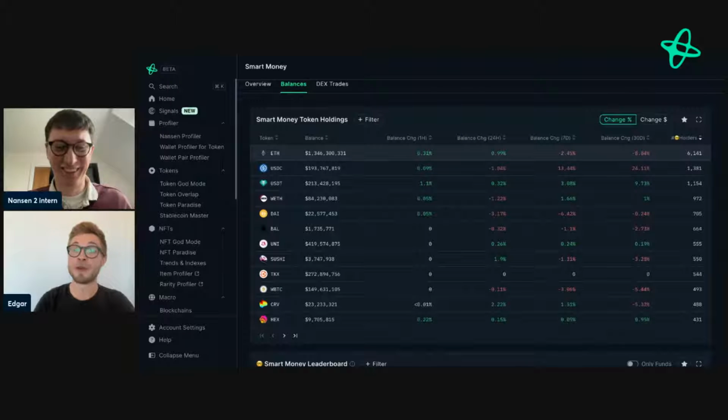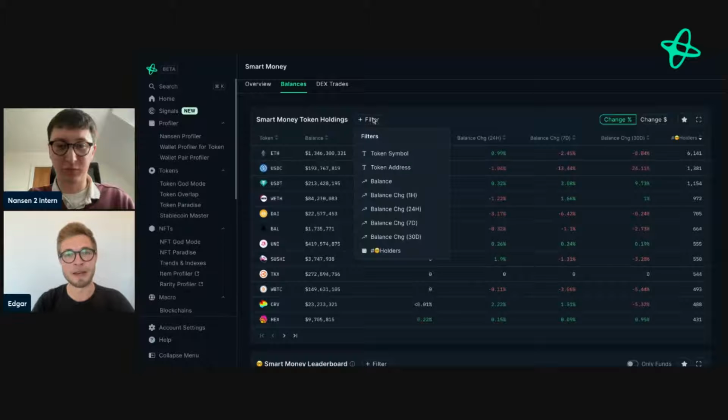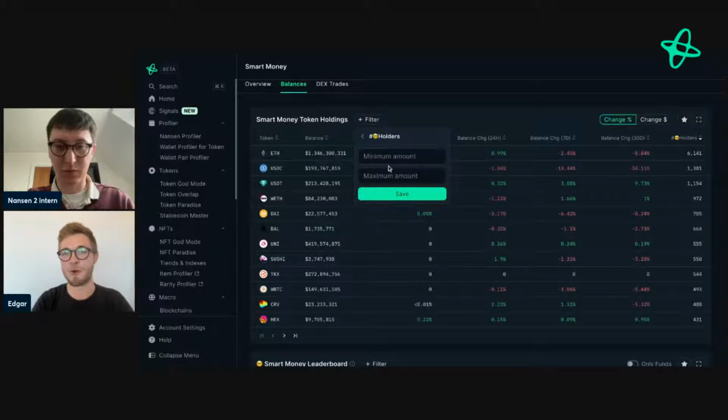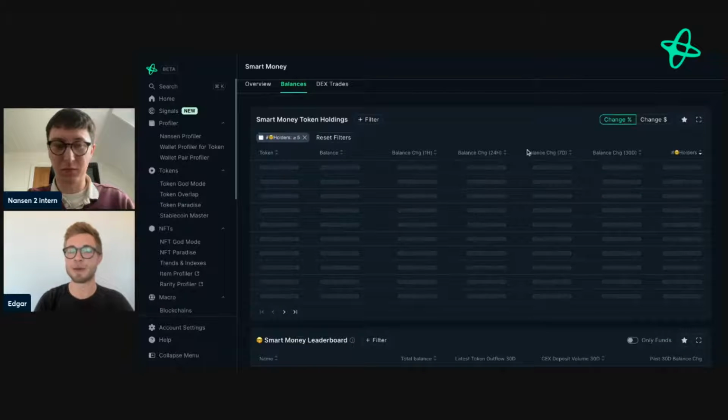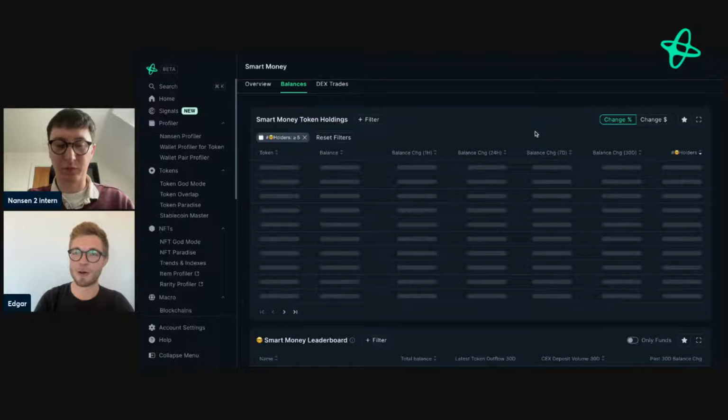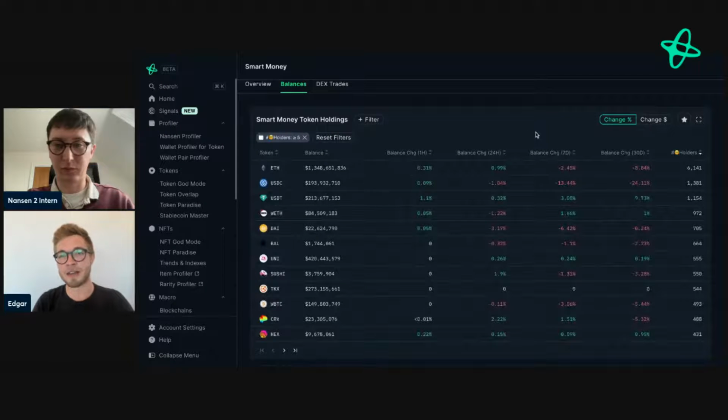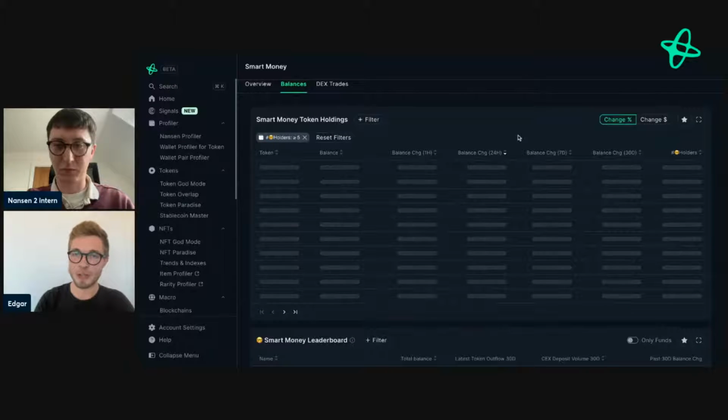However, if you use the filter and put in a number of holders, let's say more than 5, then it's tokens where we have at least 5 smart money holders. Now we can sort it again by, let's say, last 24 hours, and we can see where the allocation has changed the most.